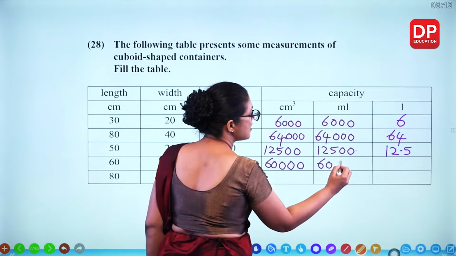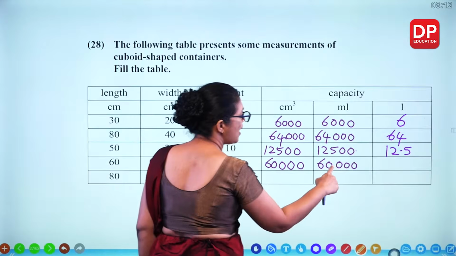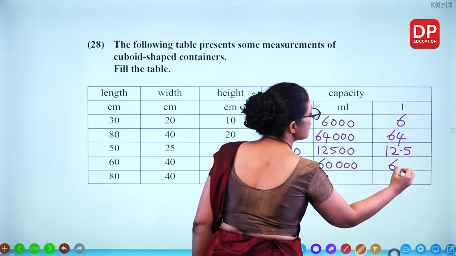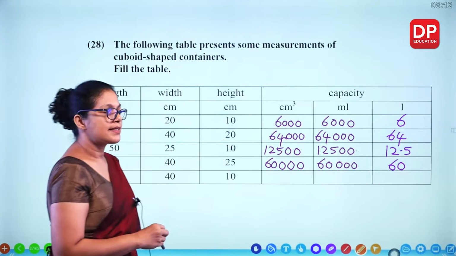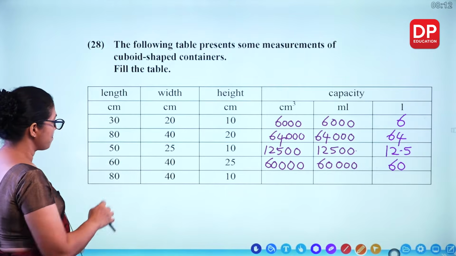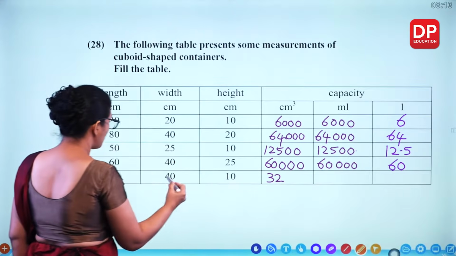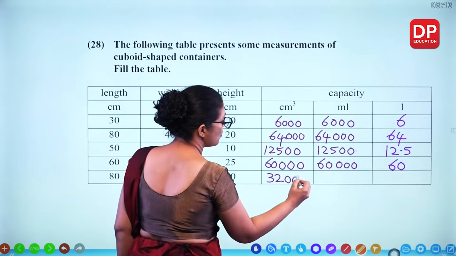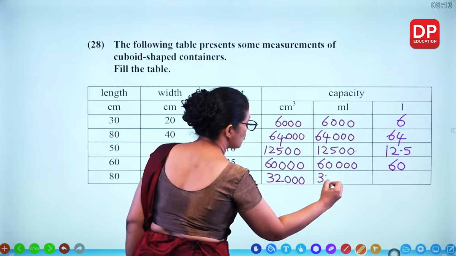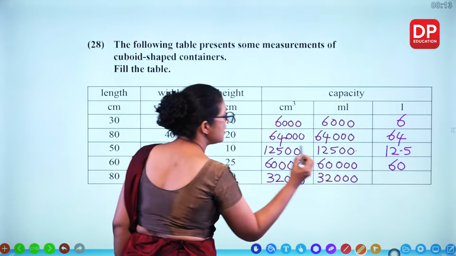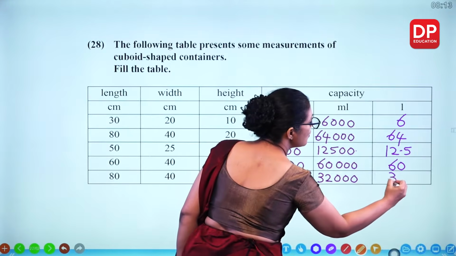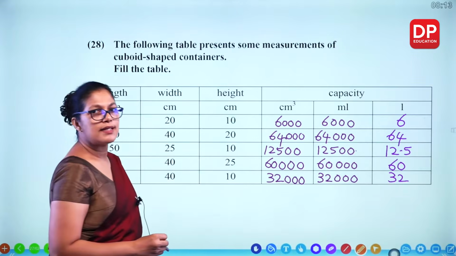So you get 60,000 here as well. Divide by 1000. That means 60 liters. This one, 8 times 4, 32. 3 zeros you have to put. Here also the same thing, 32,000. And divide by 1000, you get 32 liters.